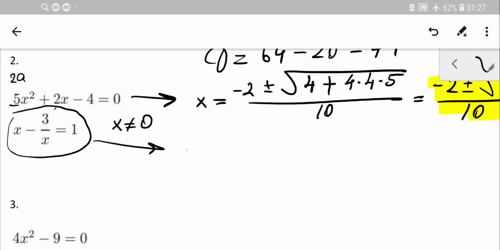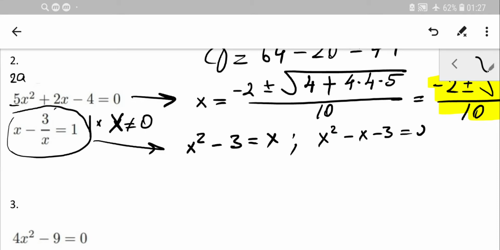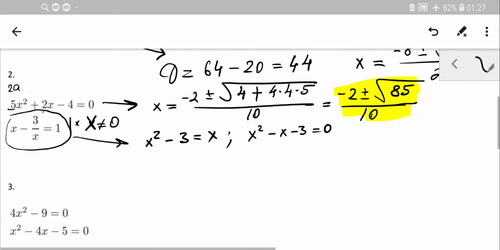So in this case, we can multiply by x, which is not 0. So we'll get x squared minus 3 equals x. Then I transfer x to the left side and I'll get x squared minus x minus 3 equals 0. So how to solve that?